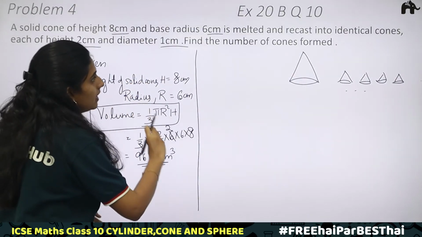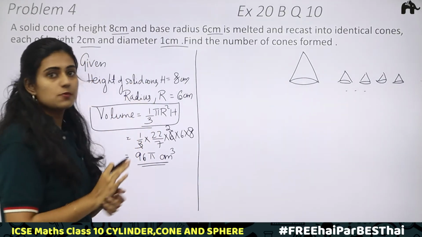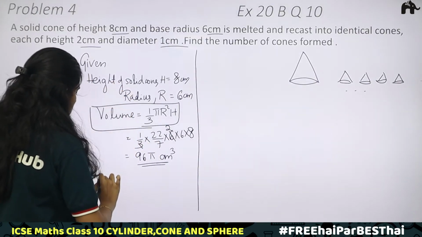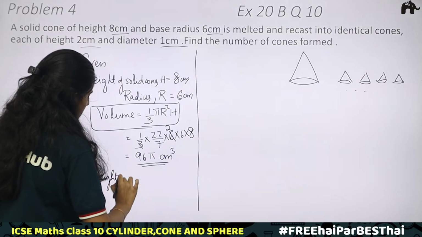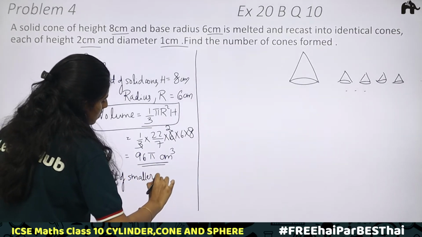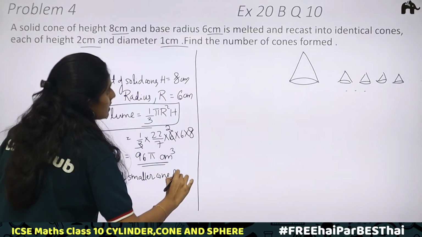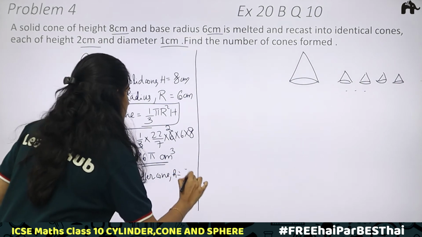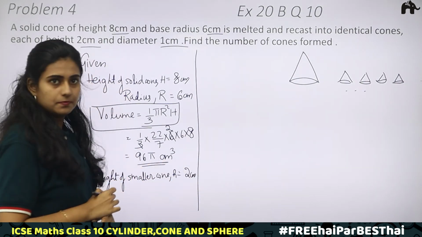Now we'll find the volume of the smaller cones which are formed. The height of the smaller cone, we'll take it as h, which is given as 2 centimeter.